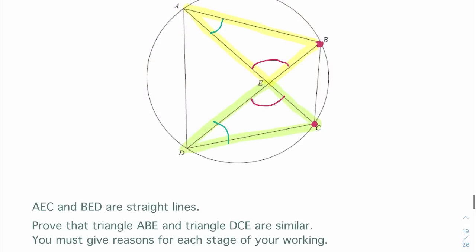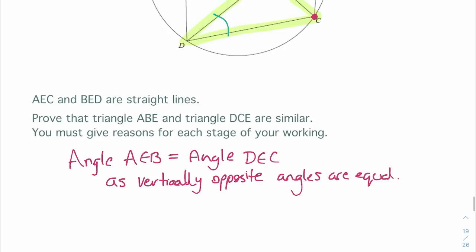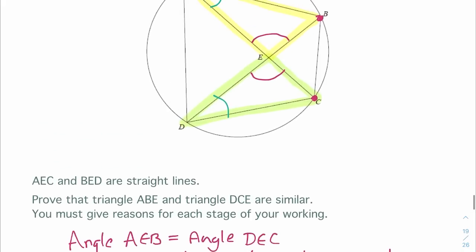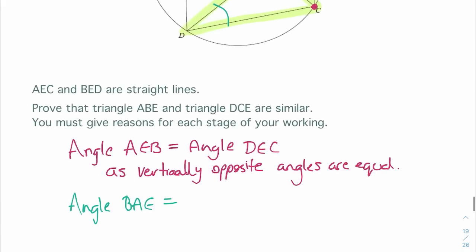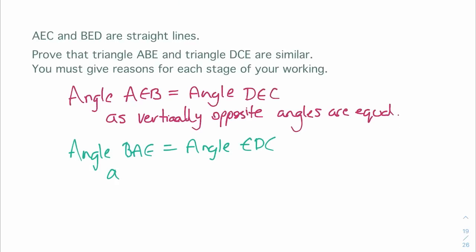And as you can see, that's another angle within the triangle. So there we go, that's going to prove another angle is the same. So let's write that down. So BAE is equal to angle EDC, as angles in the same segment are equal.